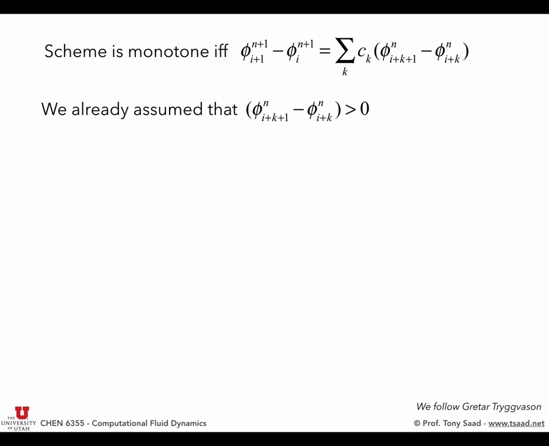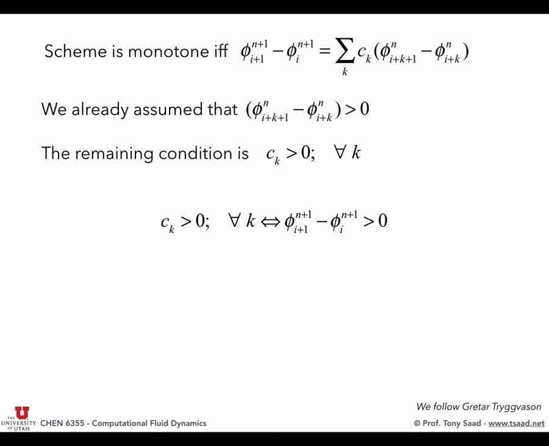We already assumed that these guys are positive. So therefore, the remaining condition to make sure that this whole thing is positive, because we want this to be positive, is that c_k is positive. Okay? We don't want any of these terms to be negative. So therefore, if c_k is positive for all k, that implies monotonicity. Is this possible at all?